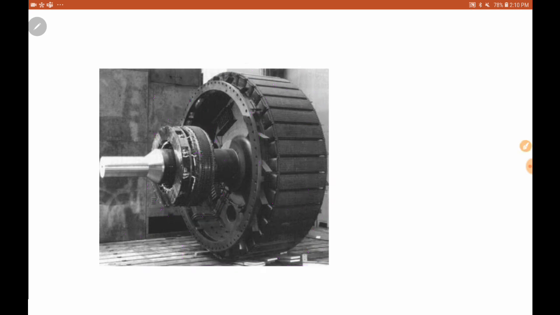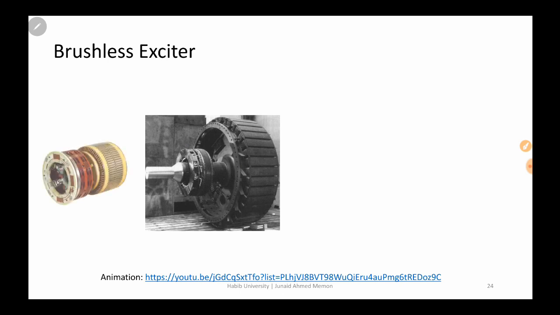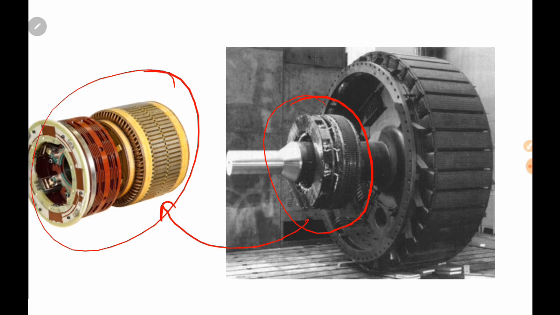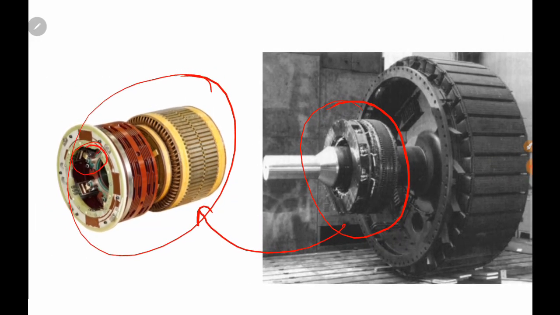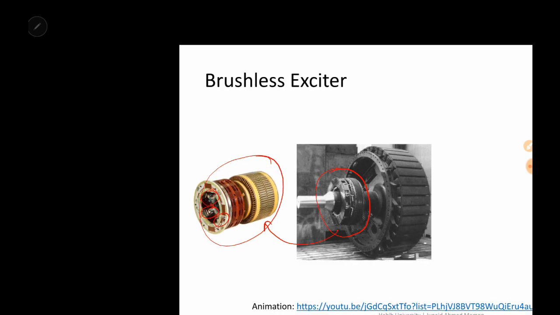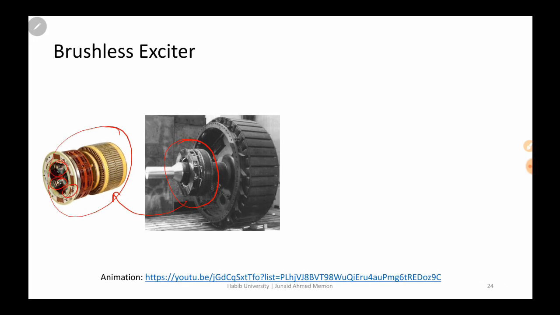If you see this one, this is your brushless exciter. This is just this part, but in color. One thing I wanted to point out is that you can see the diodes and rectifiers here, which are rectifying the power and supplying it to the rotor field winding of the main generator.